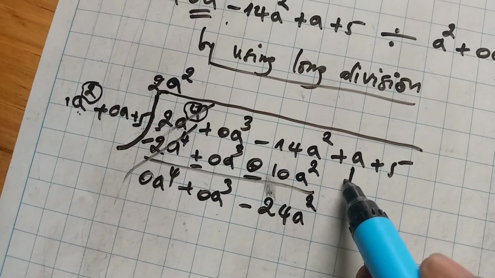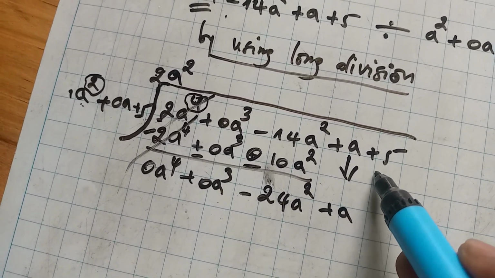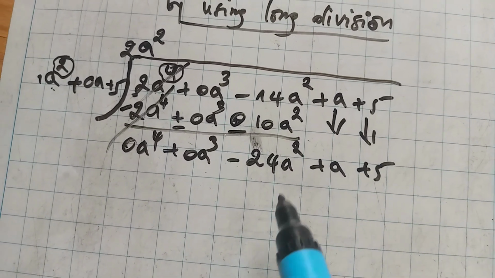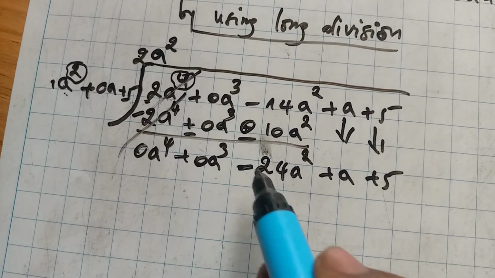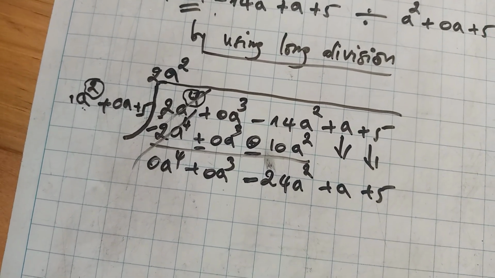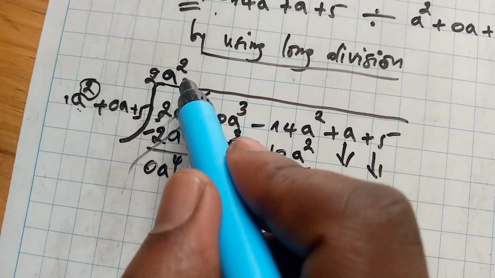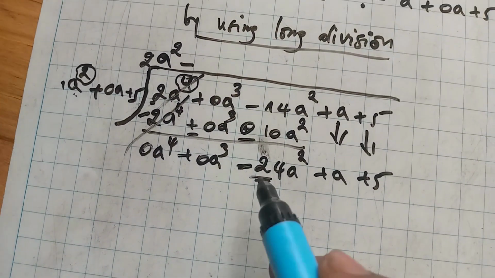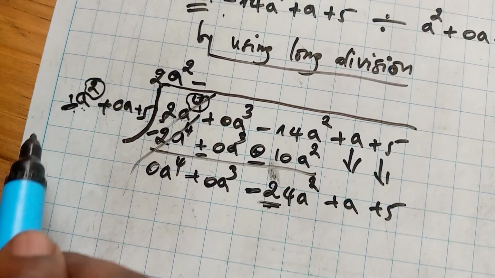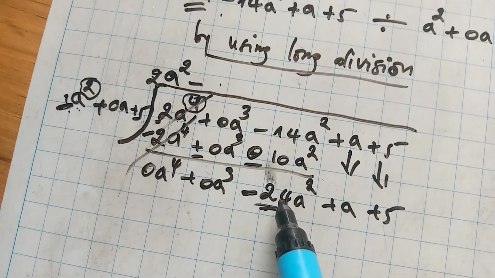Then you have to bring down this plus a. We can even bring down this plus 5. So we have negative 24a^2. We have a negative number here. Since we have a negative, we have to write negative here first. We have a 24 and we have 1 here. Which number can be multiplied by this one to have 24, right?